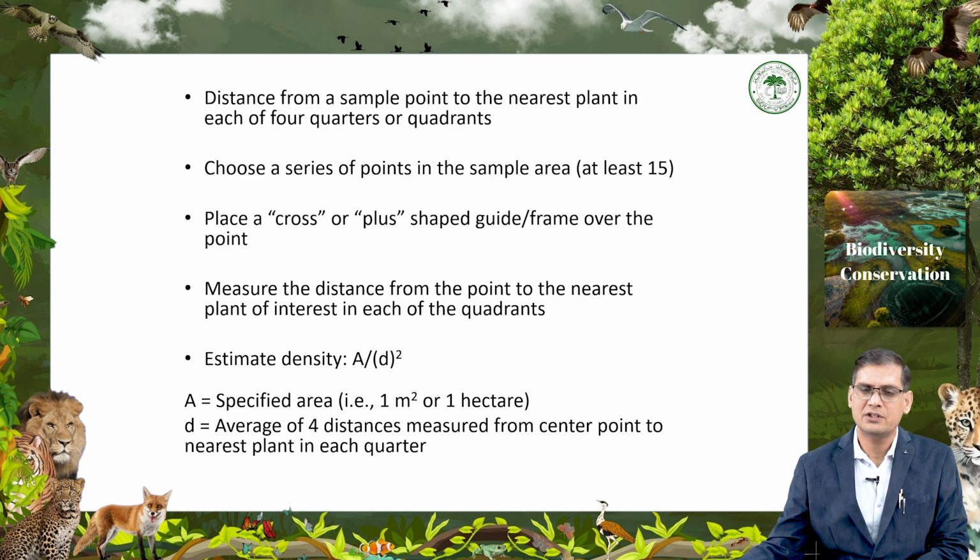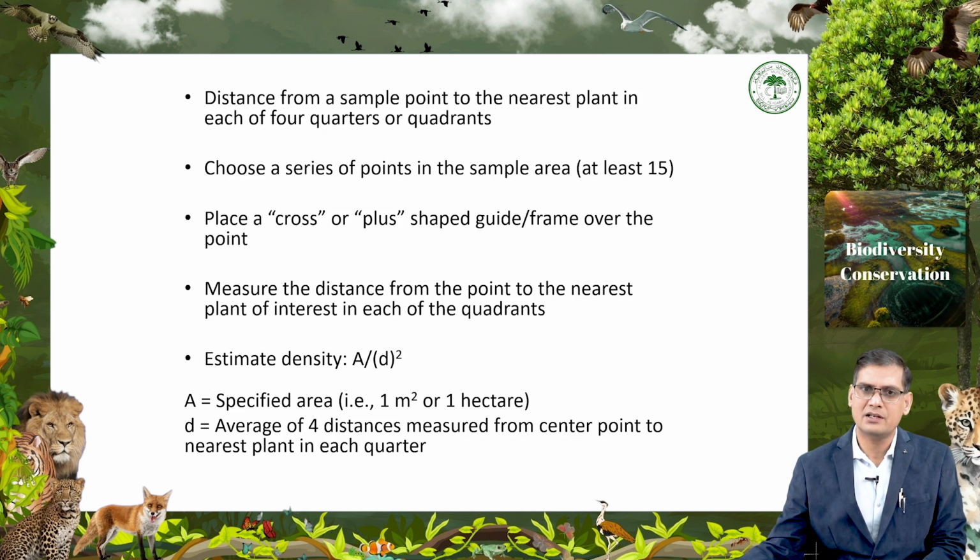First, choose a series of points in the sample area, at least 15 points, by following any sampling strategy. Points can be taken on the transect line or randomly after 200 paces, 400 paces or 500 paces.